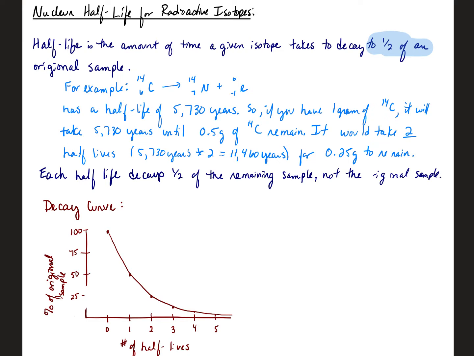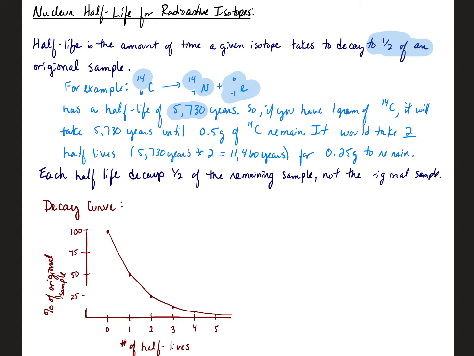So for example, if we have carbon-14 and we are monitoring that reaction that goes to nitrogen-14, and here we have beta decay. The half-life here is known to be around 5,730 years.